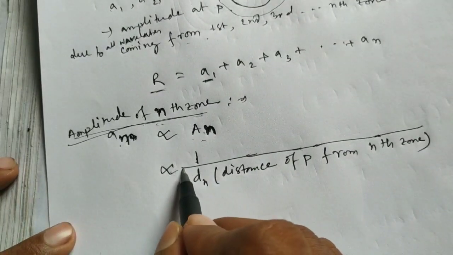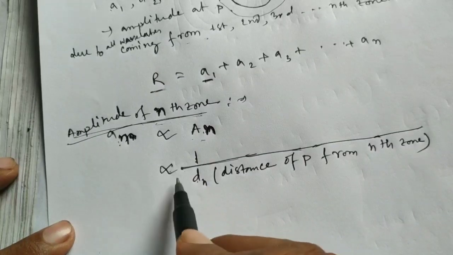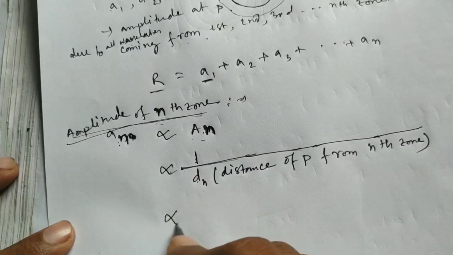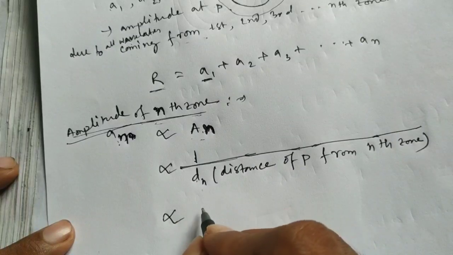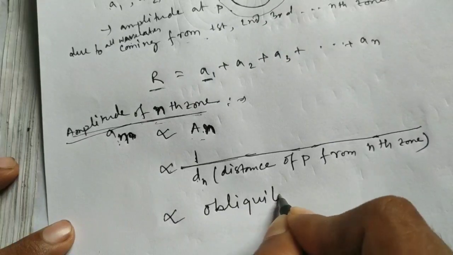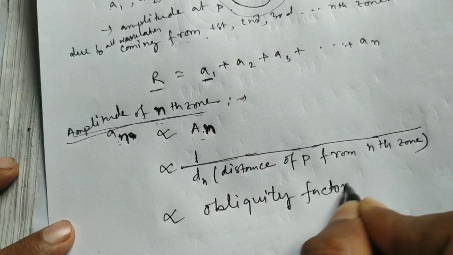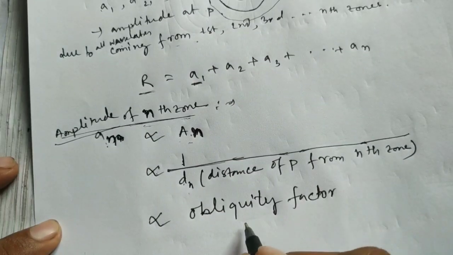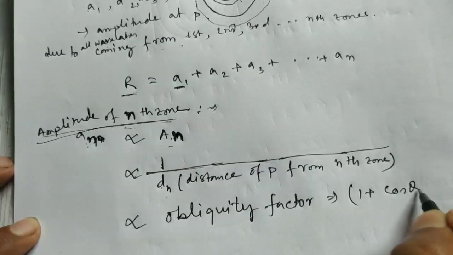An varies as 1 by dn and varies as the obliquity factor, which is 1 plus cos theta n.